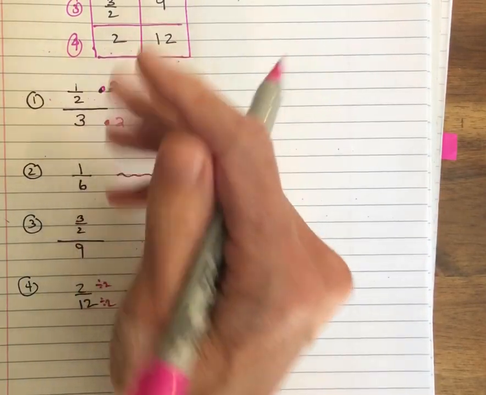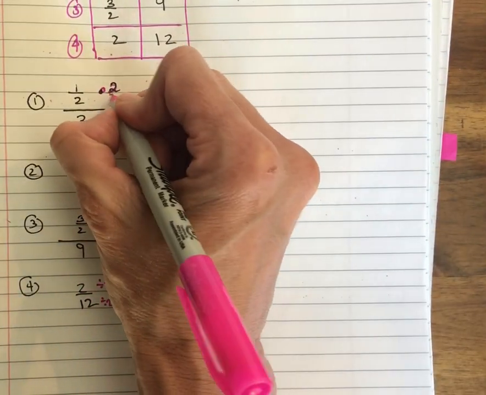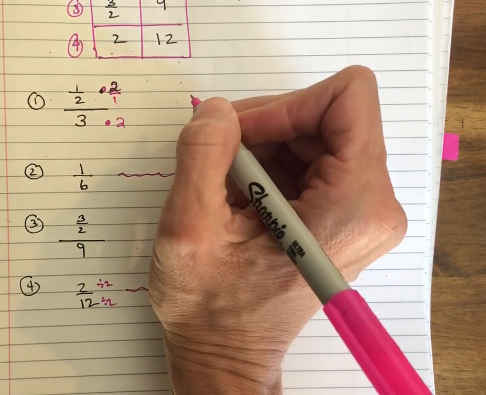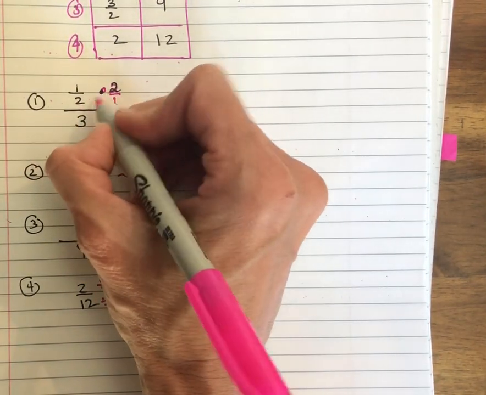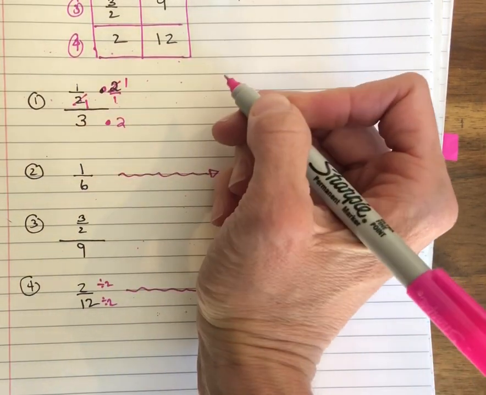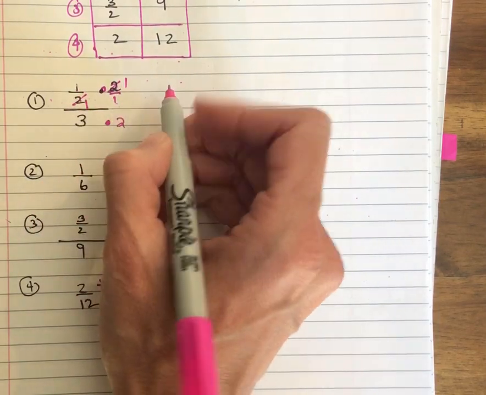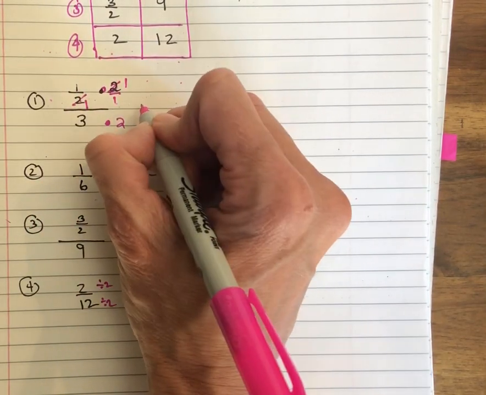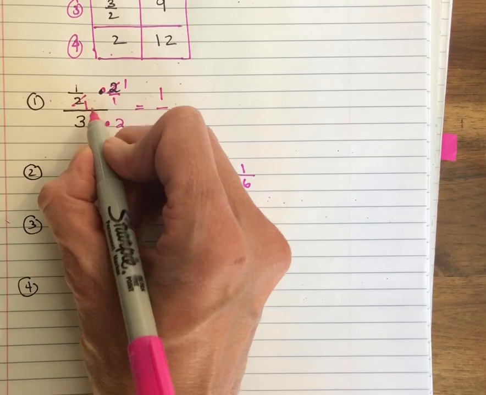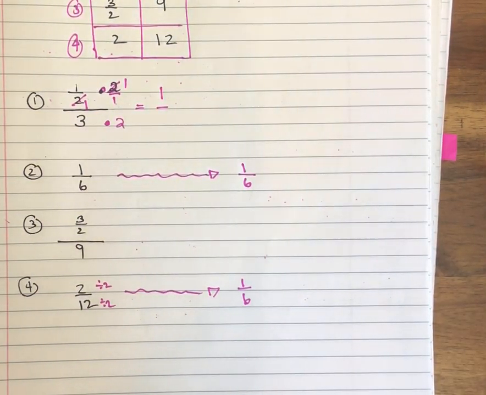Well, let's deal with the numerator first only. 2 is the same as 2 over 1, which is exactly what we want. These 2's will then reduce to 1's. And if I multiply straight across, 1 times 1 is simply 1, okay?